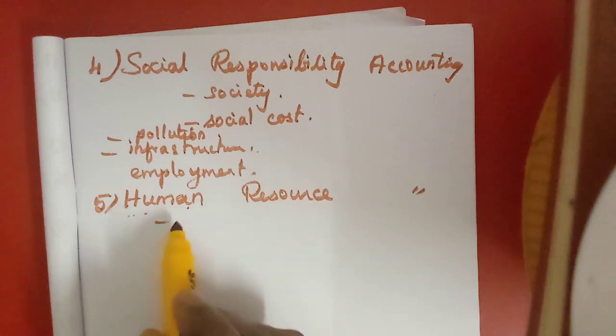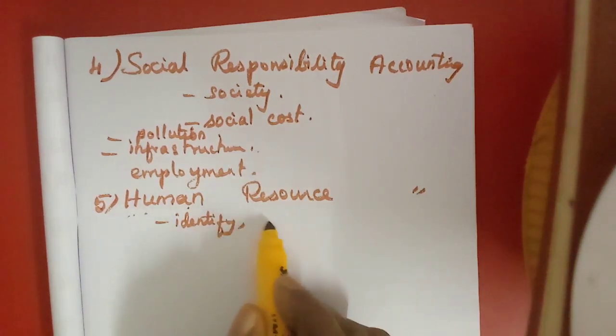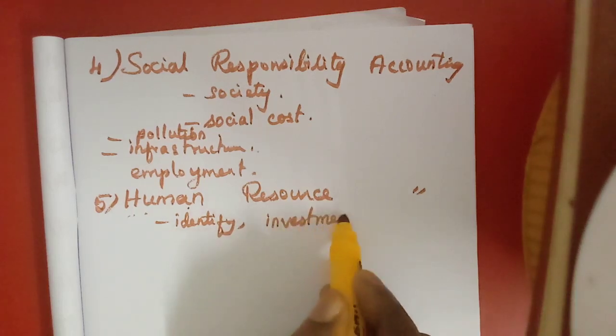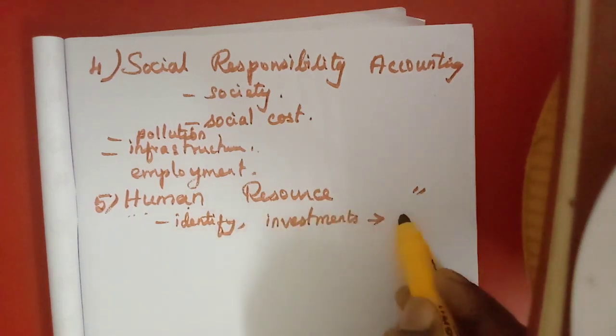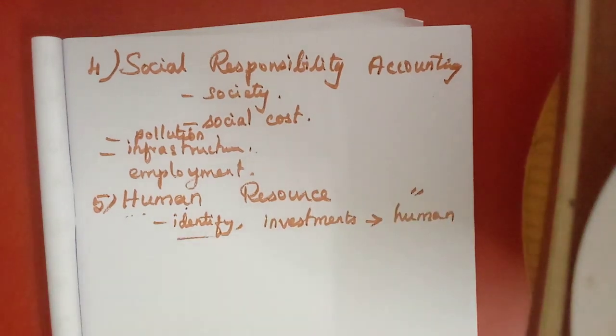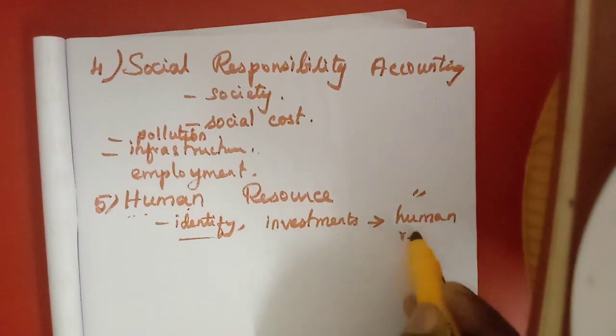So they have to identify and allocate the expenditure, which we call the investment: how much investment they make in human resources. They have to identify how much, and measure how much amount. That is called quantification of the investment made in human resources.